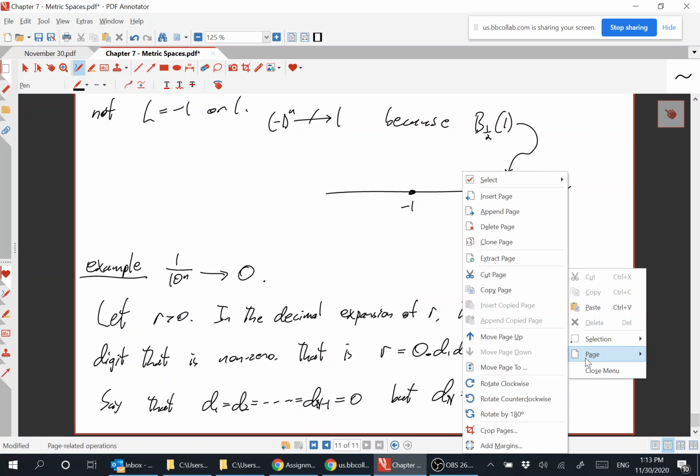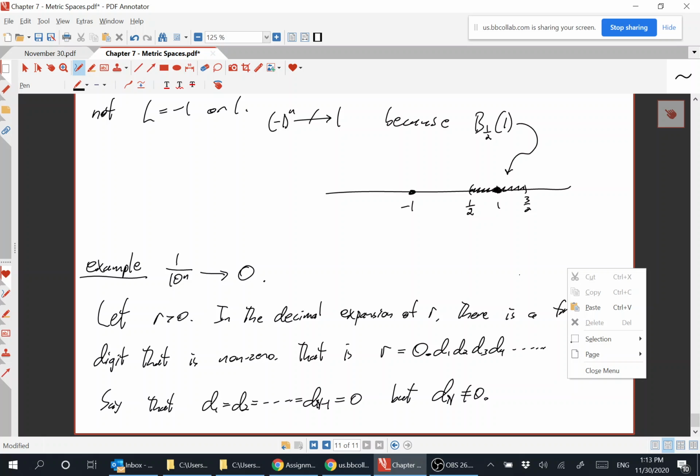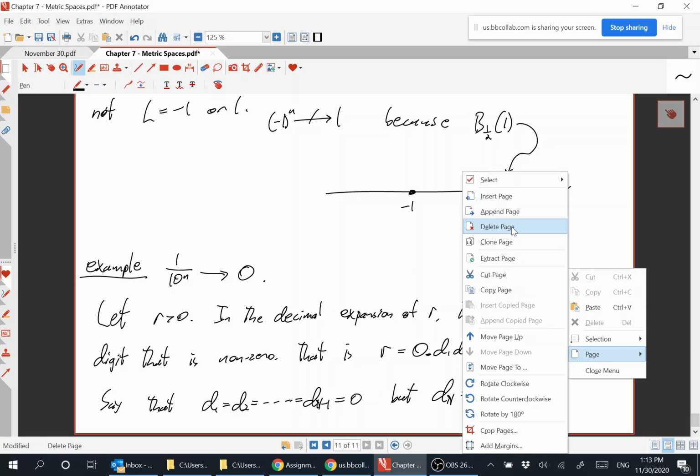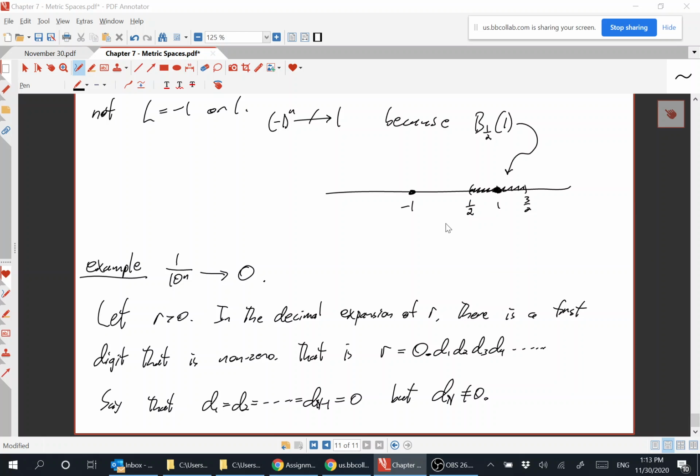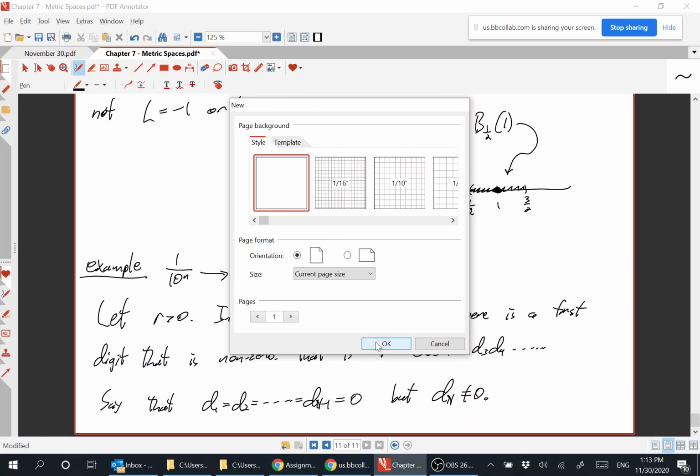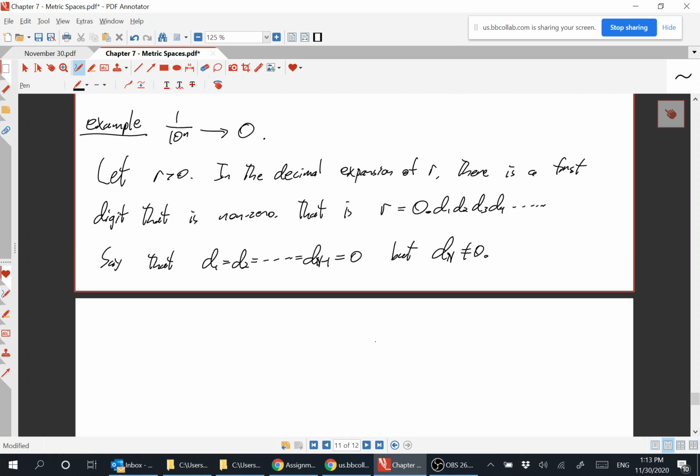Now for any m bigger than or equal to n plus 1, 1 over 10 to the m is less than r.